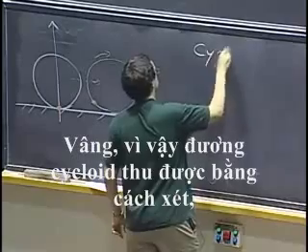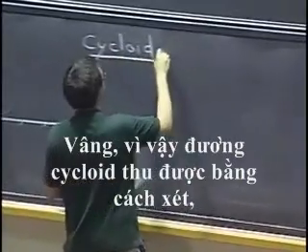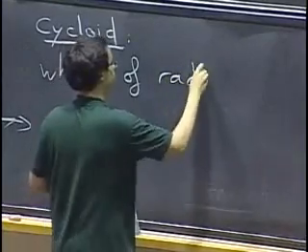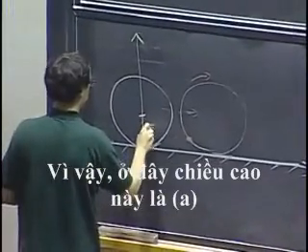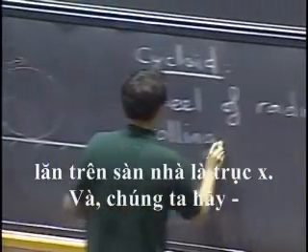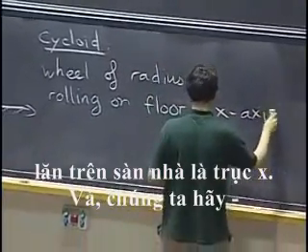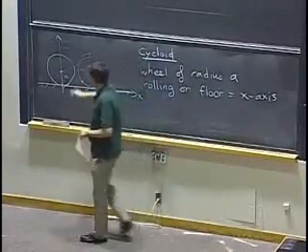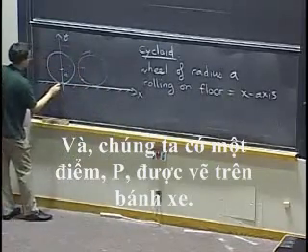Okay, so the cycloid is obtained by considering, so we have a wheel, let's say of radius A. Okay, so this height here is A, rolling on the floor, which is the x-axis. And we have a point P that's painted on the wheel.